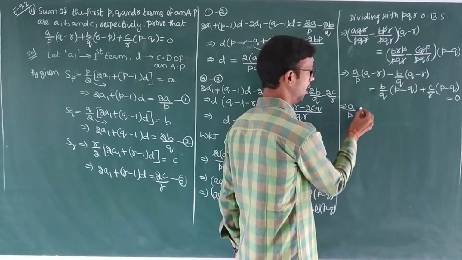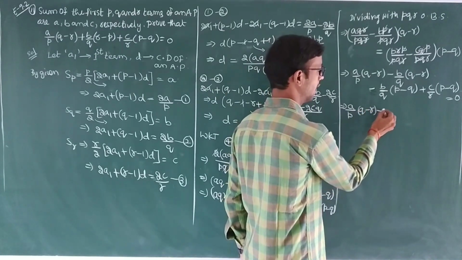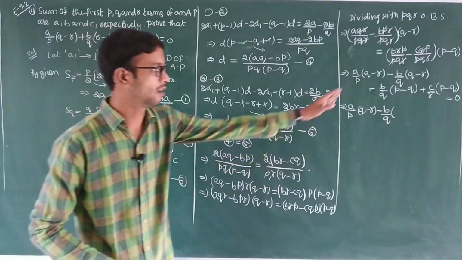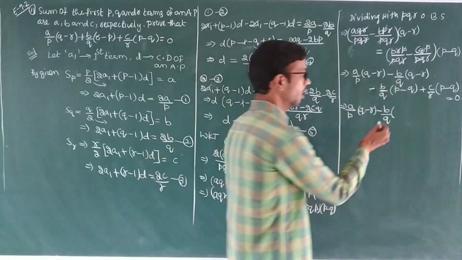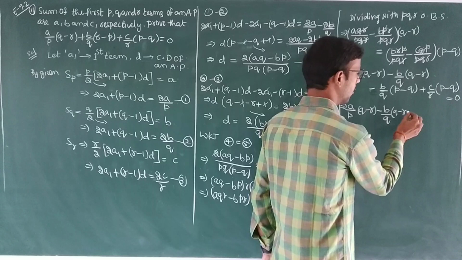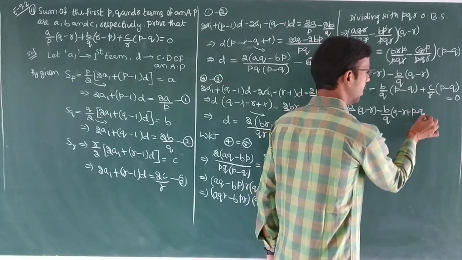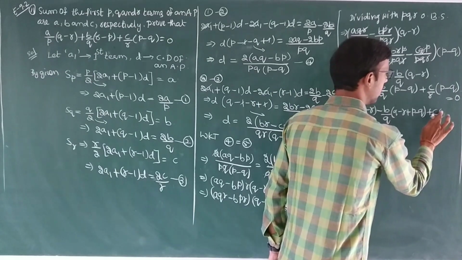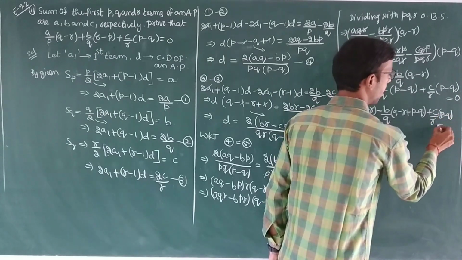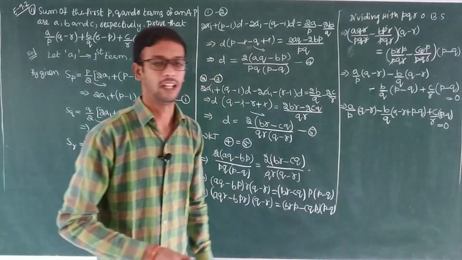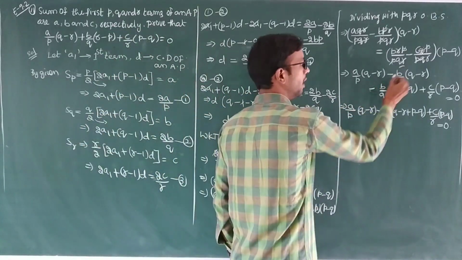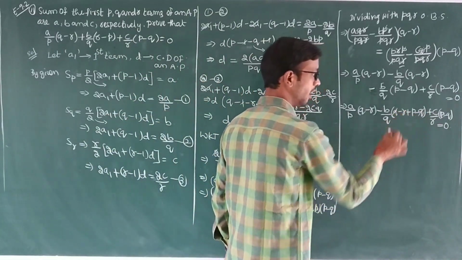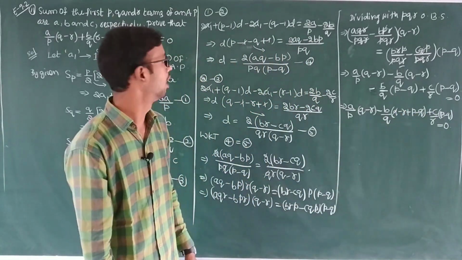A by P into Q minus R minus B by Q, I am taking common, minus B by Q taking common, Q minus R plus P minus Q plus C by R into P minus Q is equal to 0. B by Q common taking, here Q gets cancelled.